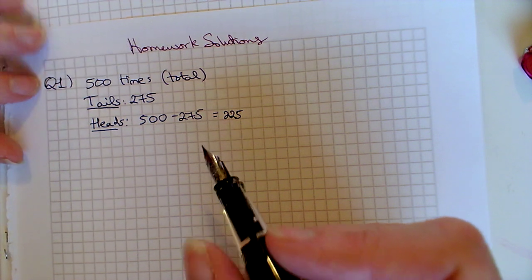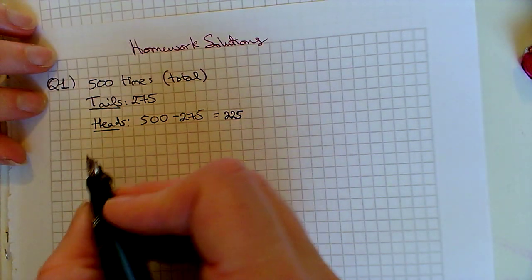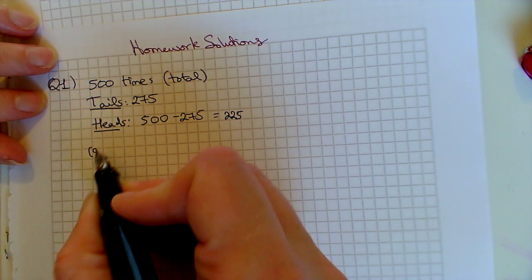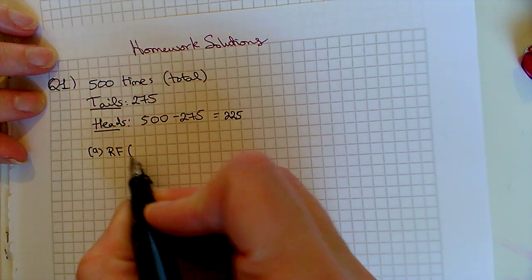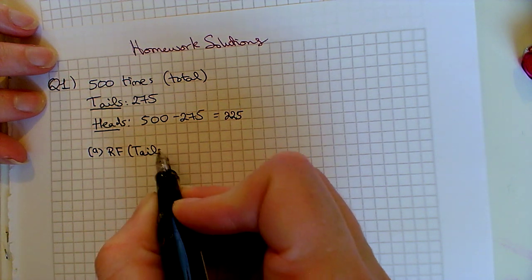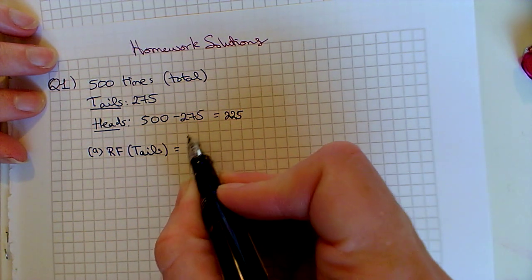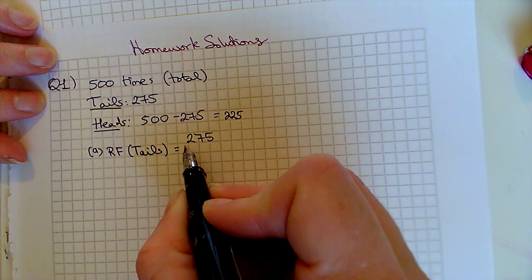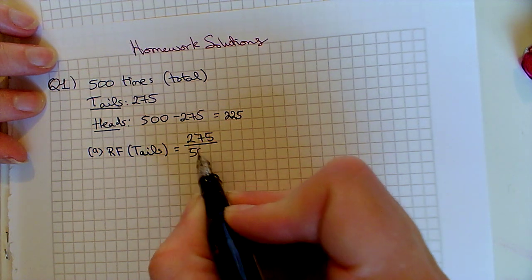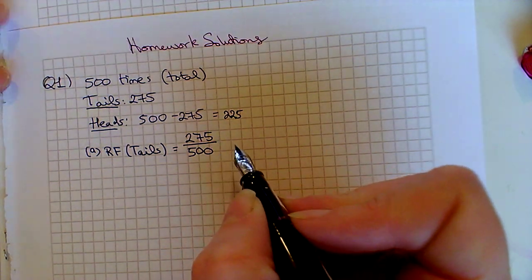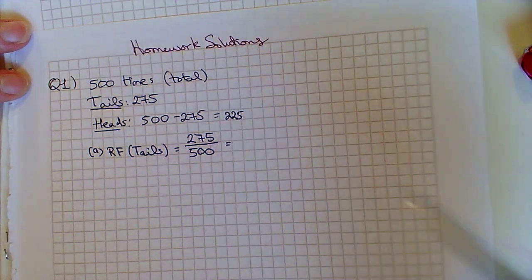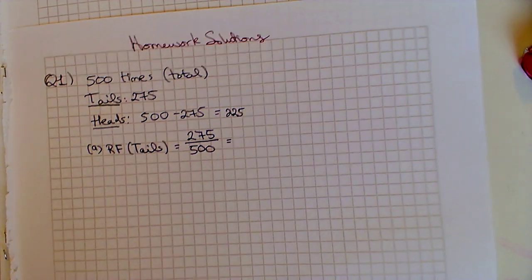So let's look at the questions. What is the relative frequency of getting tails? And so that's the frequency of getting tails, 275, divided by the total number of trials. Now we wouldn't leave it like that. We'd simplify the fraction.